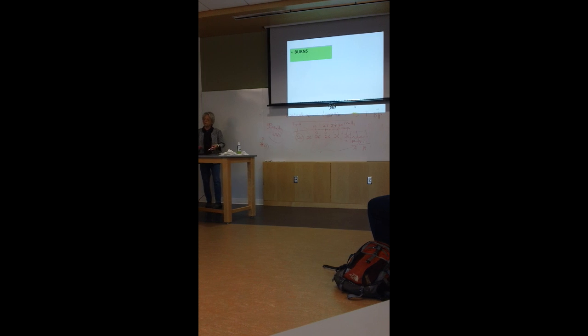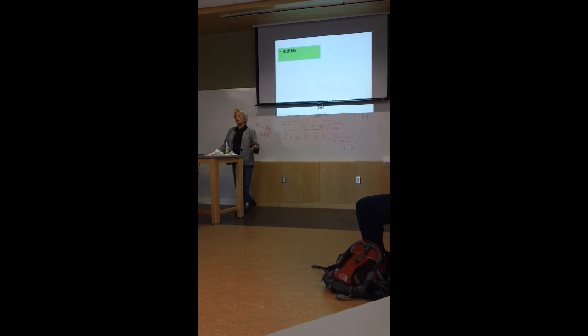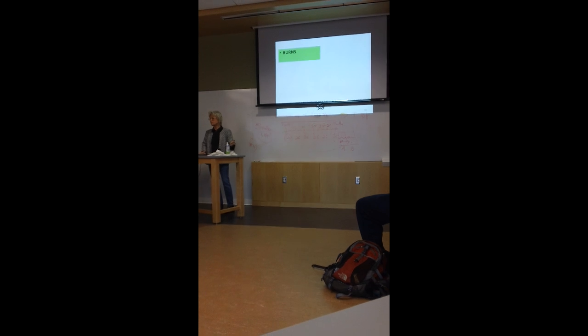And finally, burns. With severe burns, people lose plasma proteins. So along with all their other problems that they have because of the burns, they're going to be swollen also. Yes. How does kidney disease affect the pressure?